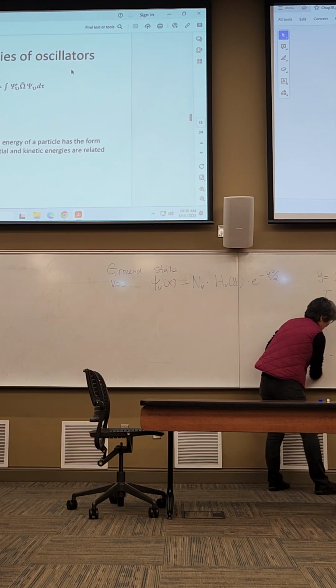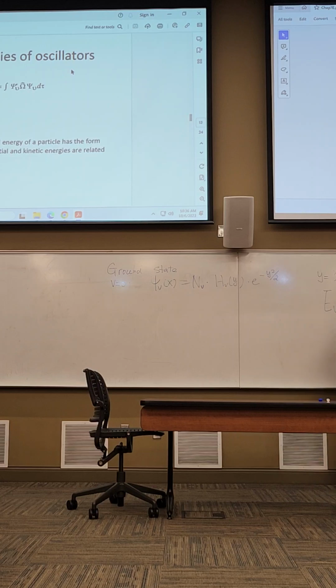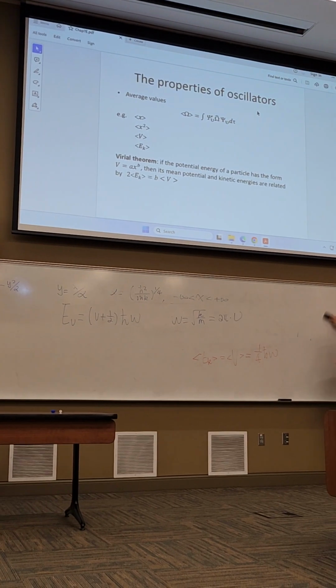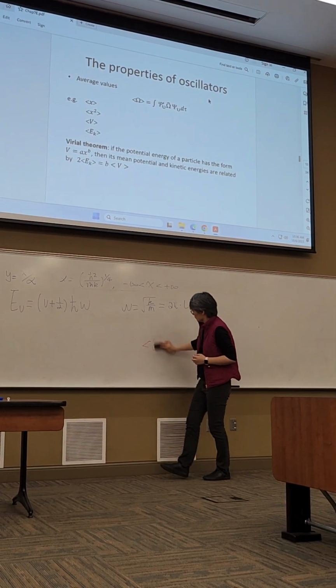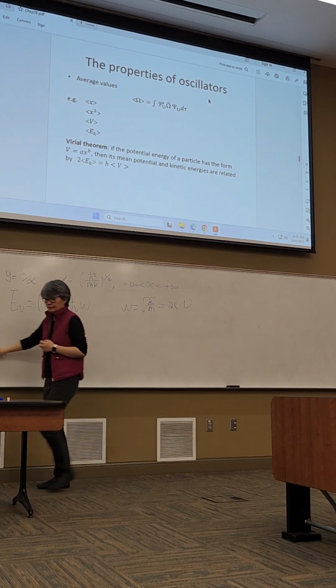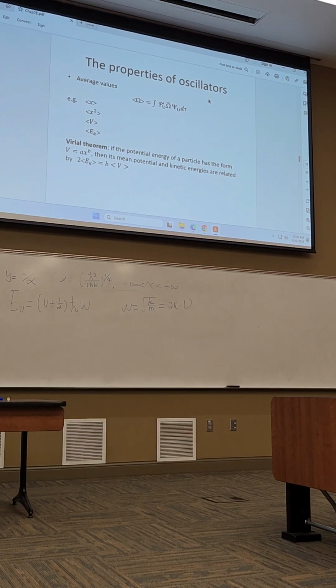So draw the potential well for this harmonic oscillator. Let's see, potential well. Oh, we can do it together.